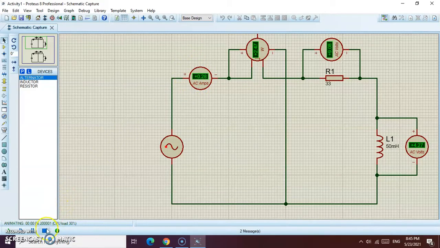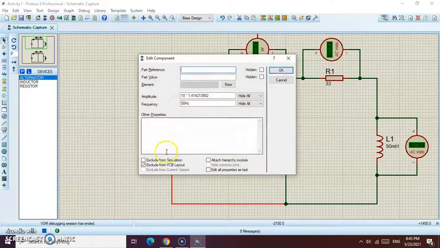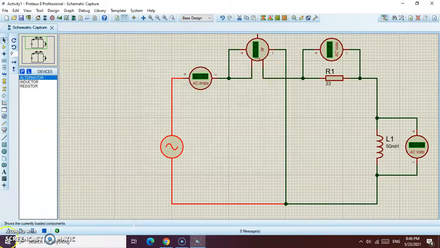After that we change the value to 20, which is according to the lab sheet given, and we continue to simulate it, and we also take some time until the meters get a stable reading, and we record it down. We repeat this step, changing the AC power supply amplitude to 30, 40 until 100.